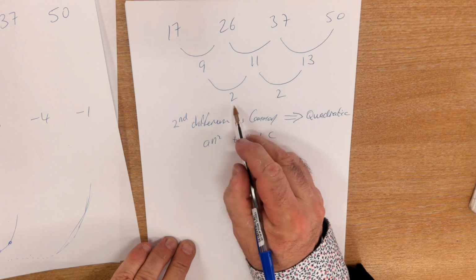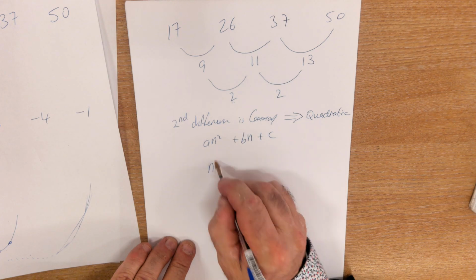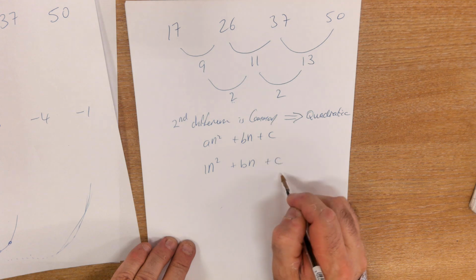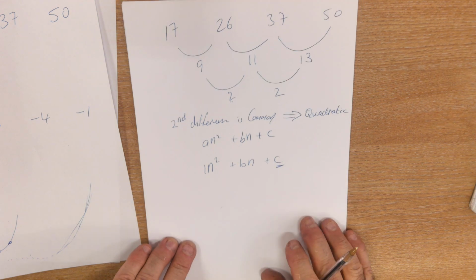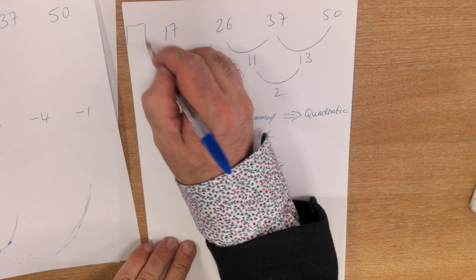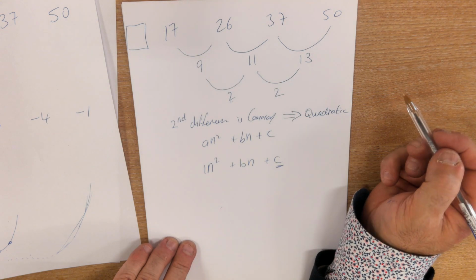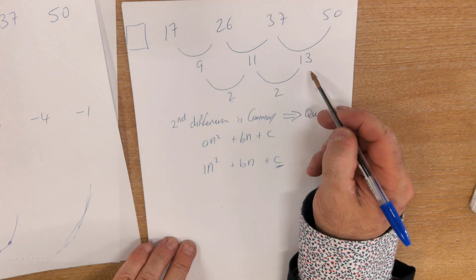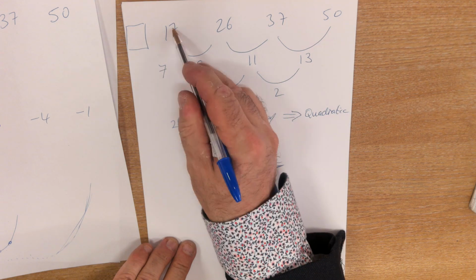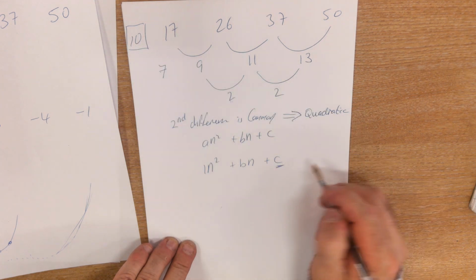But better than that, half of that 2 is 1, so we know it's 1n squared plus bn plus c. Now we're going after the c. We're getting the c from working backwards into that constant, term 0, in other words. It's a bit more complicated than the linear case, because now we've got to put a 7 here. 17 take away 7 is 10. Okay?